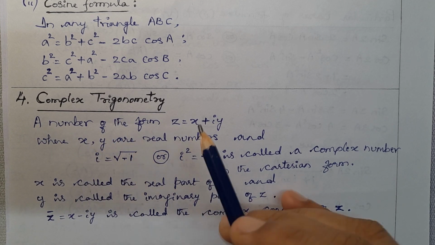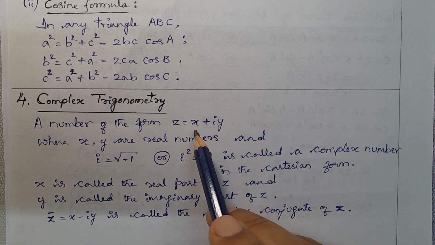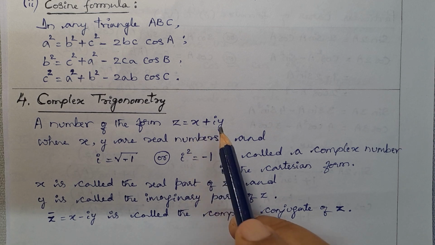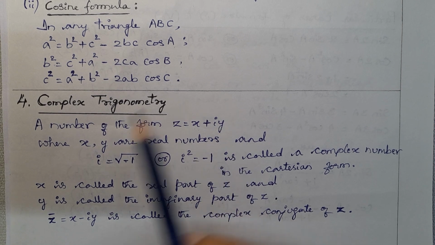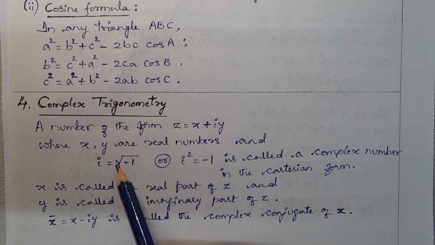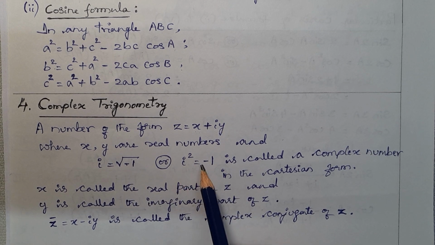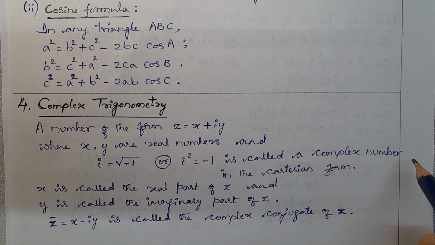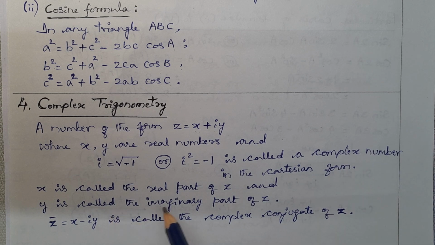A number of the form z equal to x plus iy, where i is imaginary. So x is the real axis or real number, y is the imaginary axis or imaginary number, where x, y are real numbers and i equal to square root of minus 1, or i square equal to minus 1, is called a complex number in the Cartesian form. x is called the real part of z and y is called the imaginary part of z.